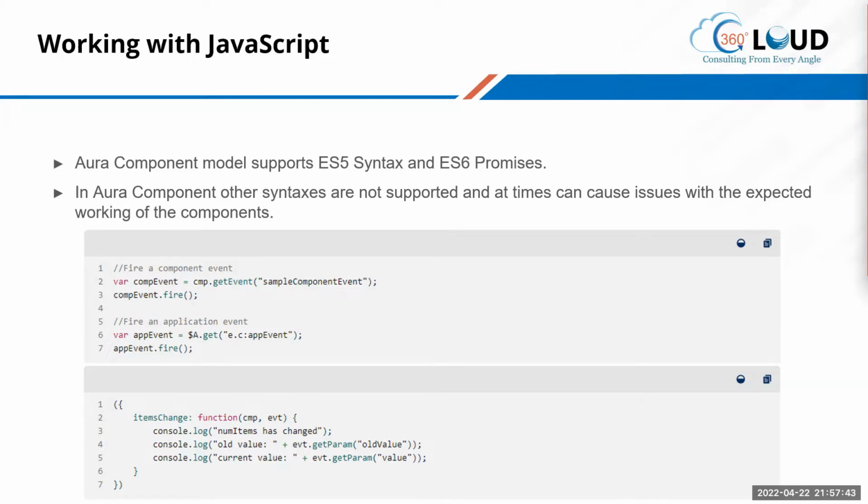LWC is made on the latest standards and will be updated with them. It's for sure that Aura is going to be deprecated, but still Aura will be used in a lot of other areas. Here are a few sample codes of ES5 and ES6, showing how things work.